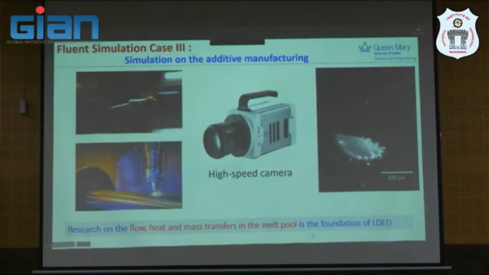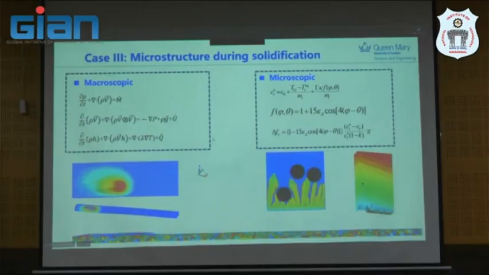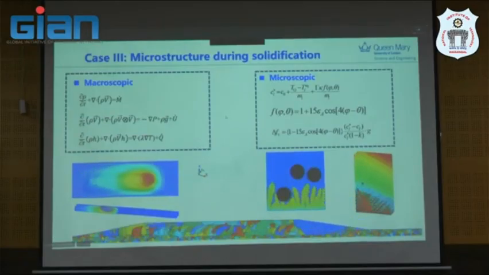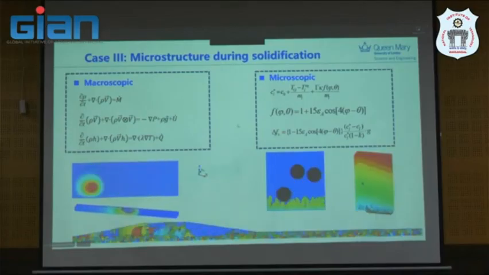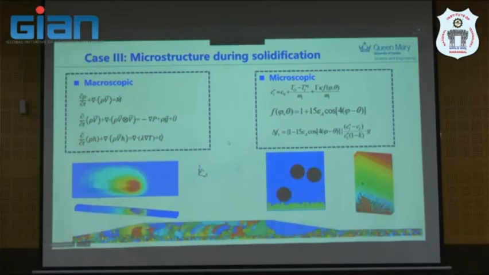We also built several simulation cases to investigate the physical phenomena during LDED.